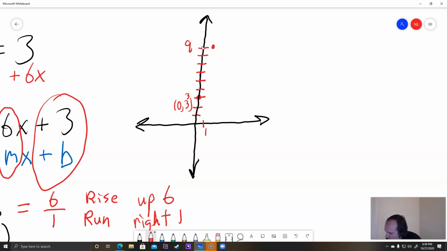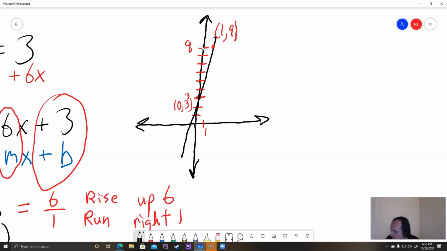So our next point is going to be, excuse me, I got them switched up, 1 comma 9. Right, because x is 1 and y is 9. So the 2 points that we're going to be drawing here are 0 comma 3 and 1 comma 9.